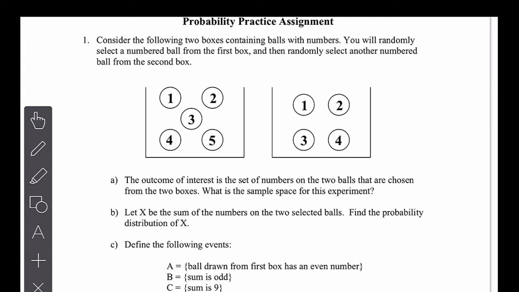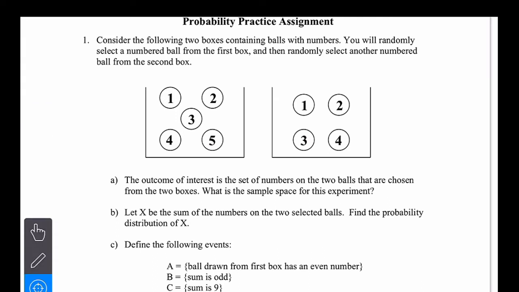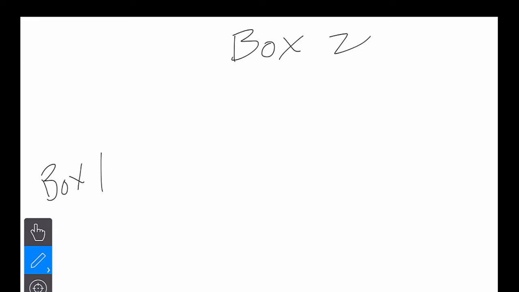So let me add a page. What I'm going to do is define box 1. Actually, I'll call this one box 2. The habit is always to put the first variable on this side, and the second one here.